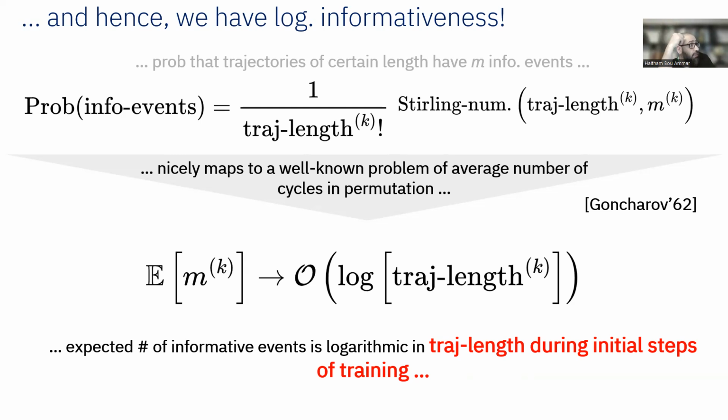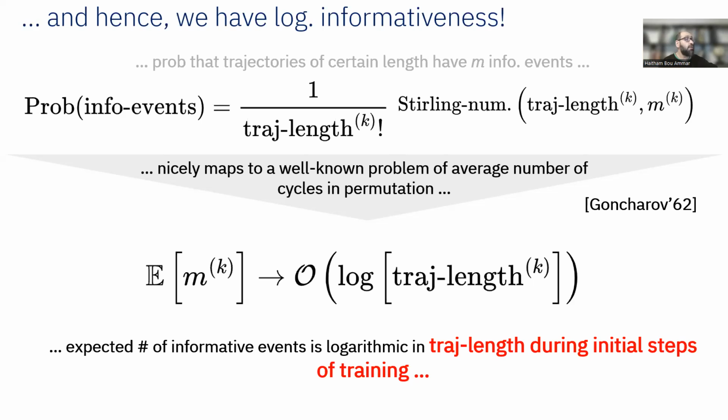But using that link, what we can show is that the expected number of informative events in my calculation, the expected number of times the y is better than the old y's I've seen in the way I'm collecting my trajectory, is of an order which is logarithmic in the length of the trajectory.